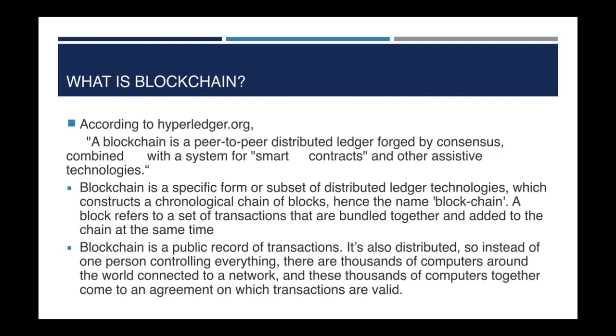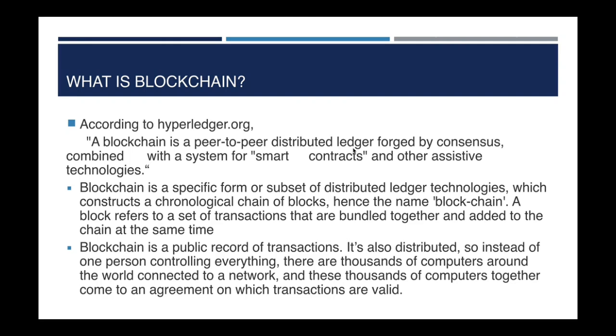Now let us understand the definition of blockchain given by hyperledger.org. A blockchain is a peer-to-peer distributed ledger forged by consensus, combined with a system for smart contracts and other assistive technologies. What do you mean by that? Now let us see what we mean by peer-to-peer distributed ledger.